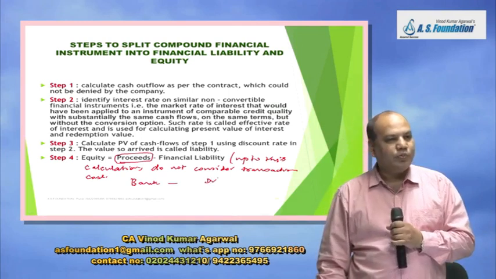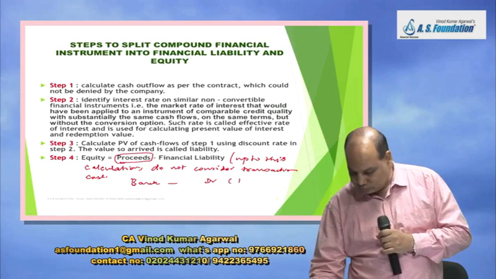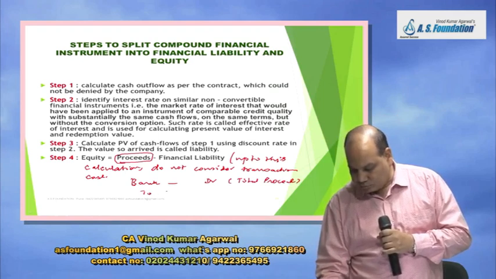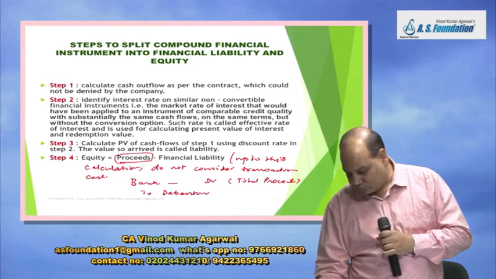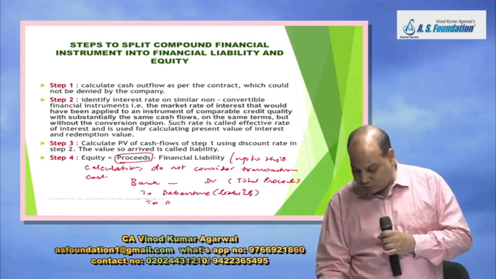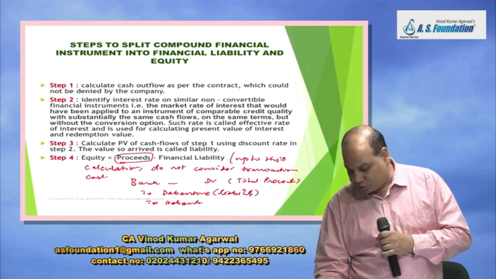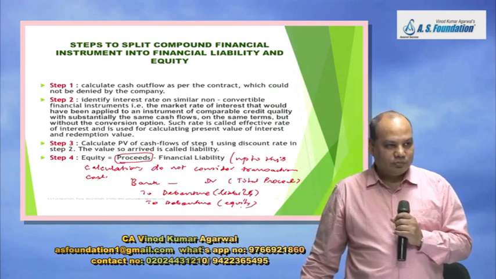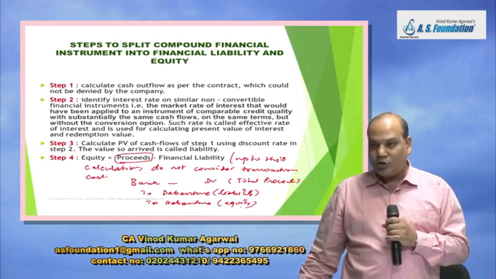Bank account debit, total proceeds received, to debenture liability portion and to debenture equity portion, or any such name you can give to identify the equity and debenture portion. Okay. So this is called the day 1 entry.